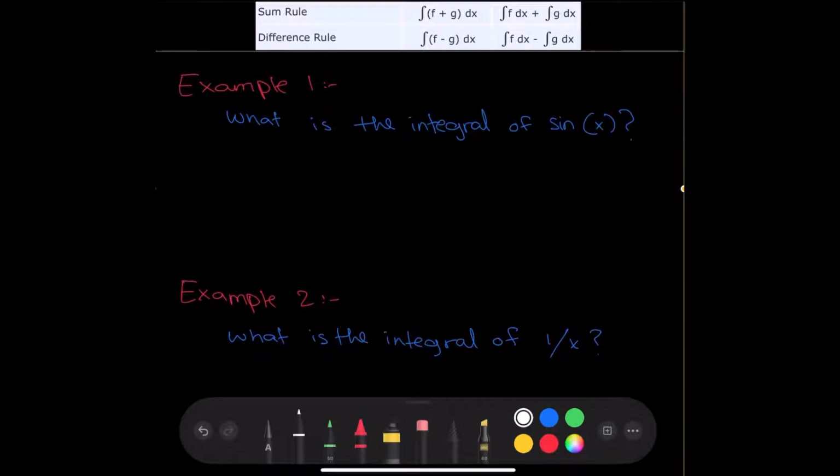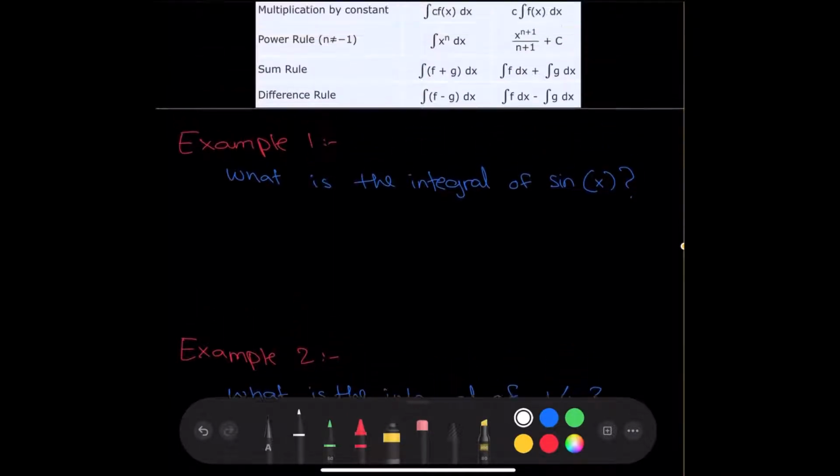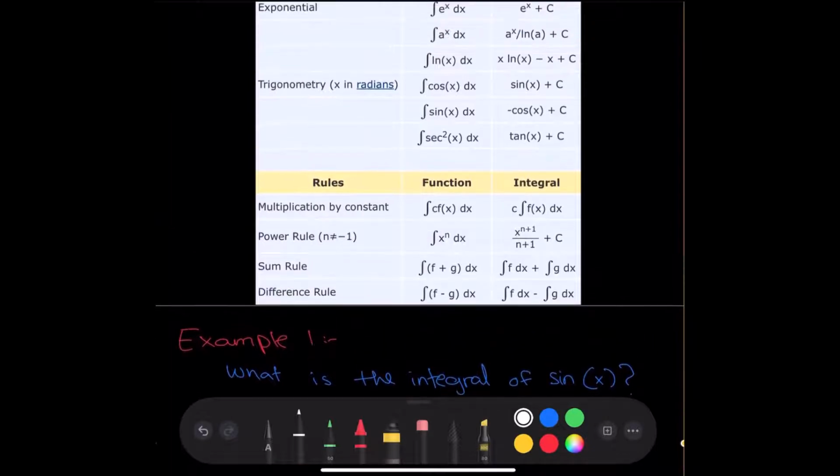So example 1 is, what is the integral of sine x? To find this, we're just going to look at the rules and find what it is. As you can see here, the integral of sine of x is equal to negative cosine of x plus c.